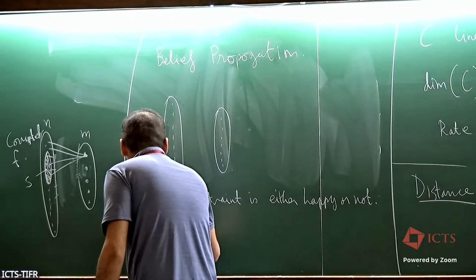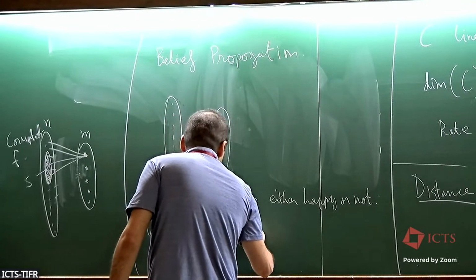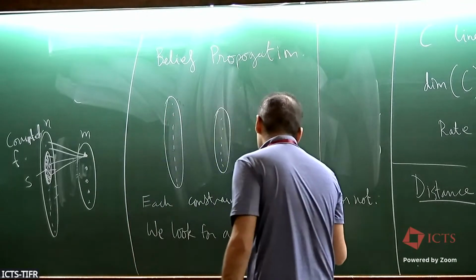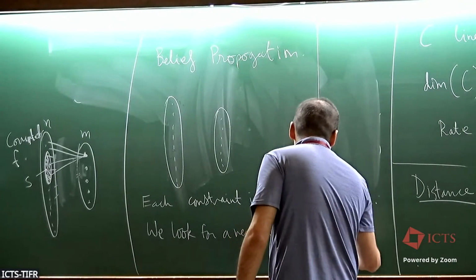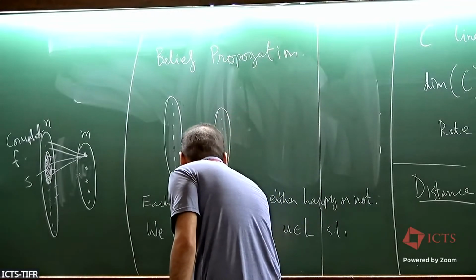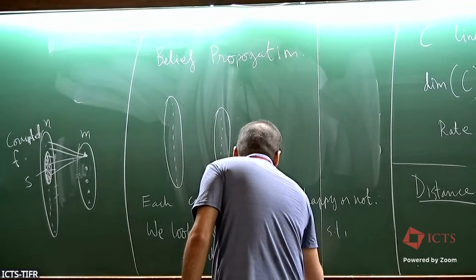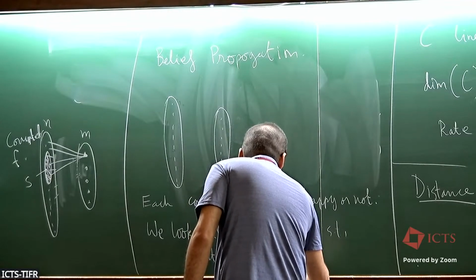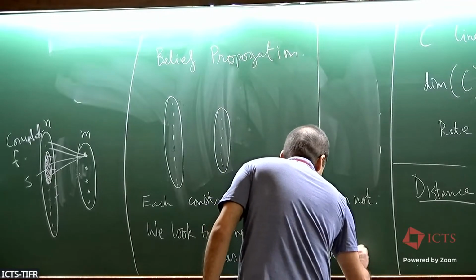We look for a vertex, I guess U, on the left, such that it has more unhappy neighbors than happy neighbors.